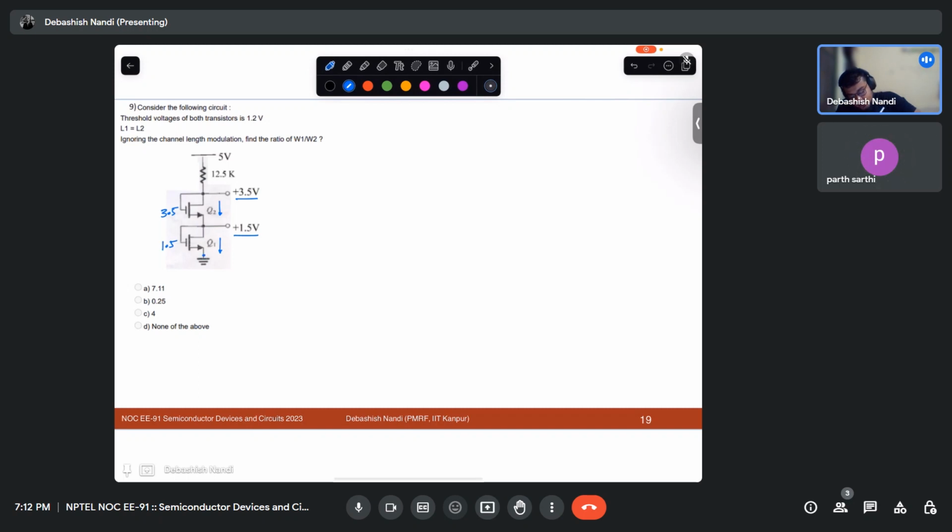In this case your source voltage is 0, in this case your source voltage is 1.5. So ID2 is equal to ID1. What is your ID2? Half mu n Cox W2 by L2 times VGS. What is your VGS? VGS for Q2 is 3.5 minus 1.5, right?